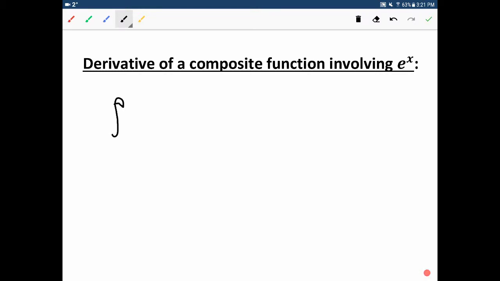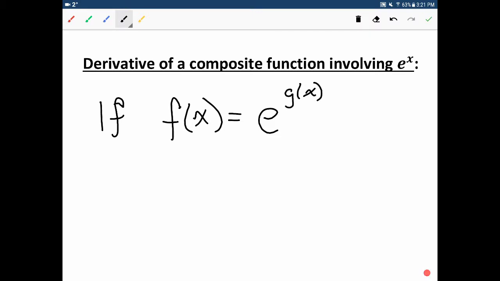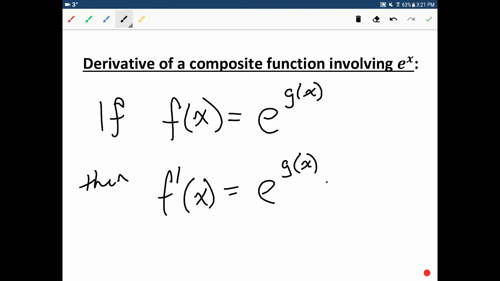If f of x equals e to the power of g of x, then f prime of x is equal to e to the power of g of x times g prime of x.